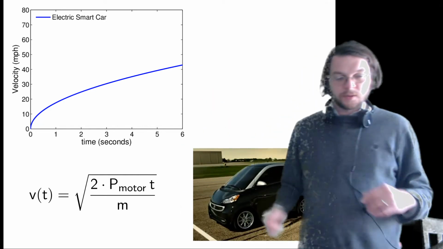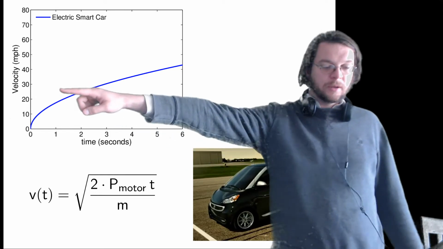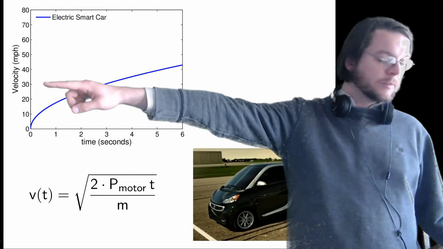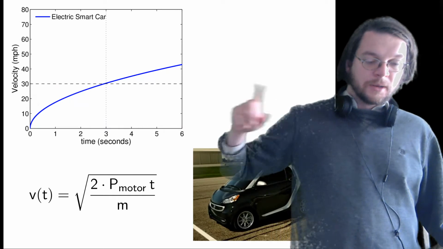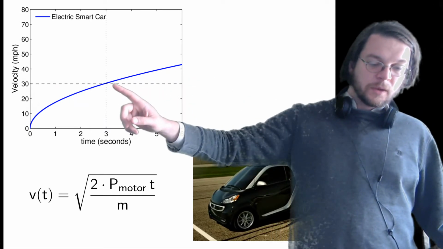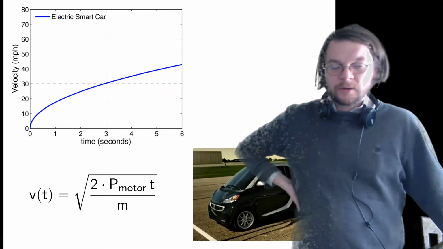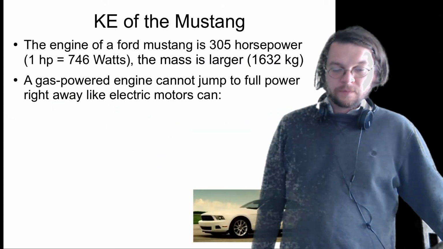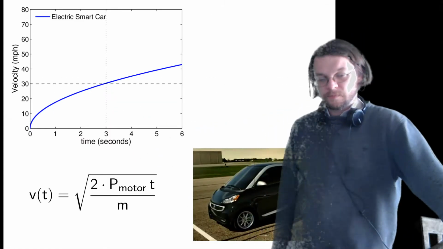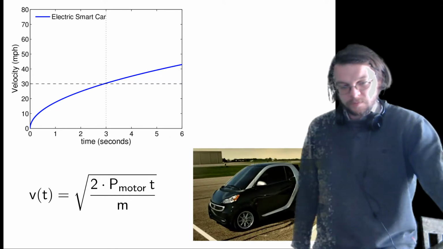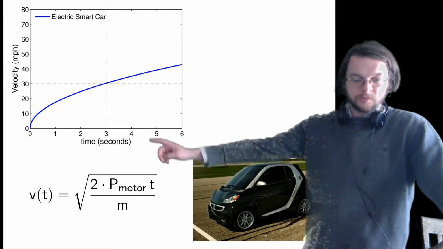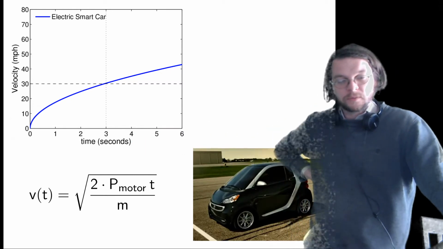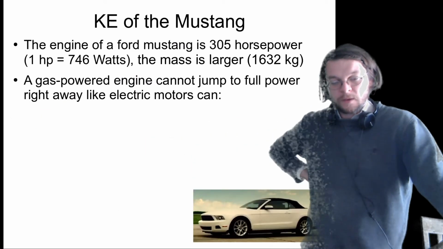What's interesting about this is that if you think about the 0 to 30 mile an hour, how many seconds does it take to get from 0 to 30? Then you can draw a dashed line like that. And so it takes about 3 seconds to get from 0 to 30. And I think in a second we'll look that up and find that, in fact, this is actually pretty close to 3 seconds to go from 0 to 30 miles an hour.